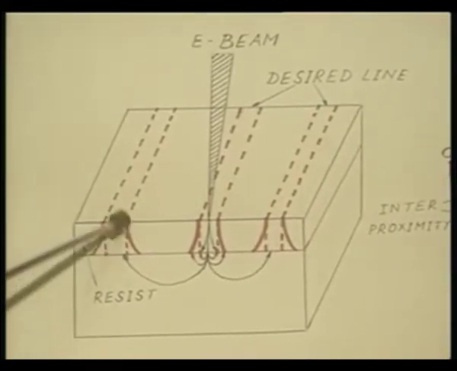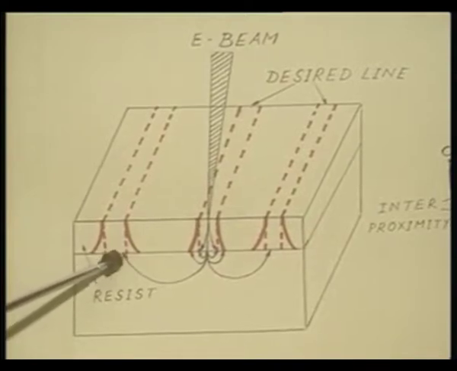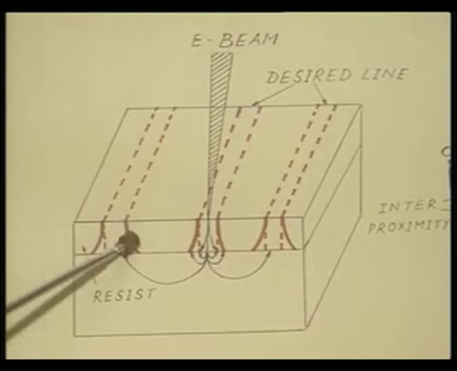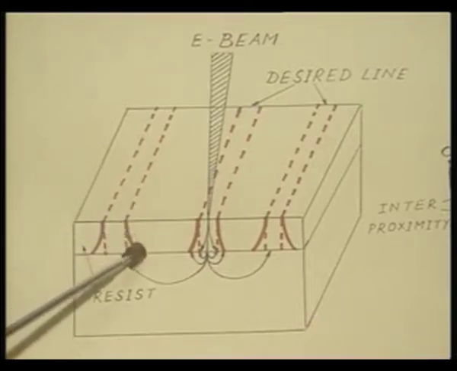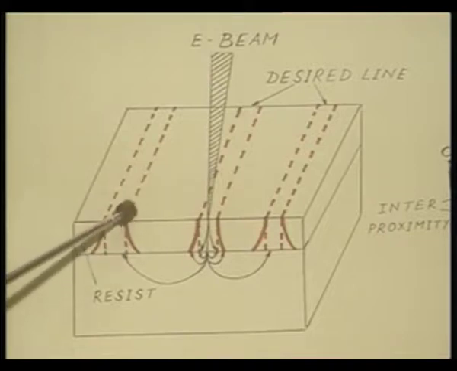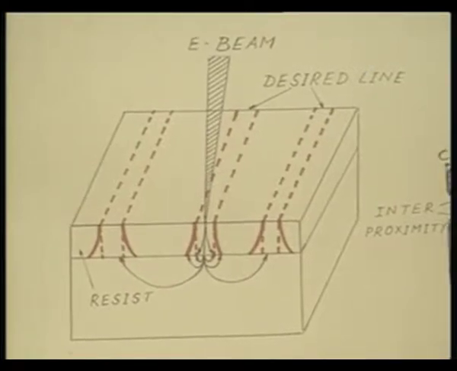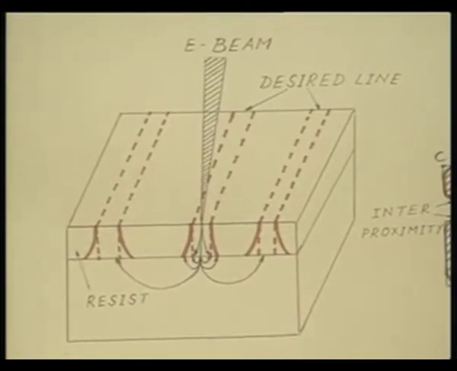The red dashed line signifies the actual pattern that was desired to be obtained, and these curved lines show the real pattern that we are going to obtain on the semiconductor substrate. This is called proximity effect.